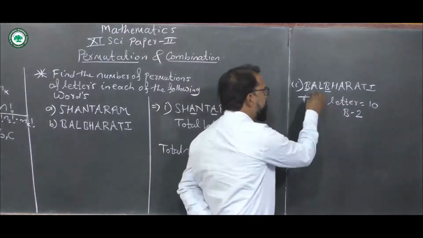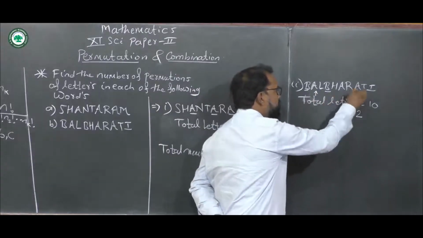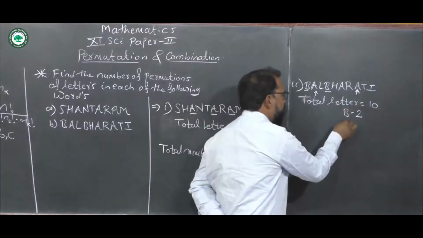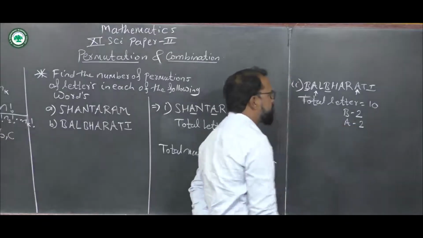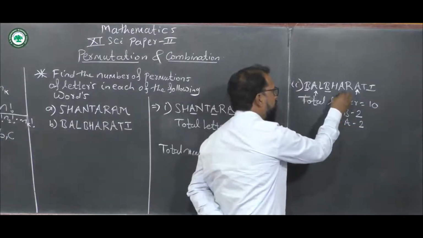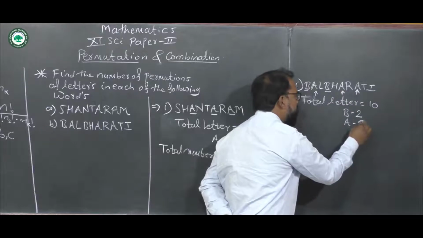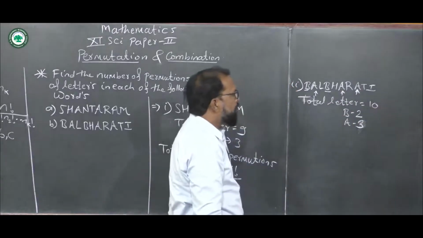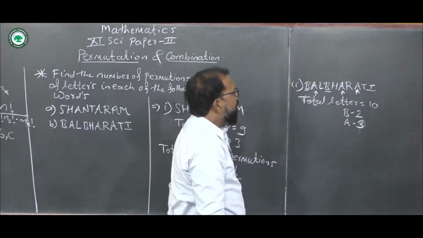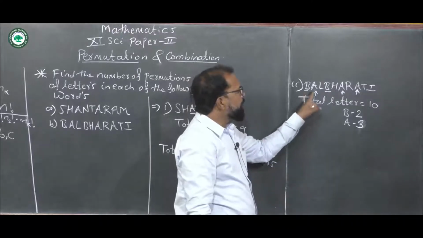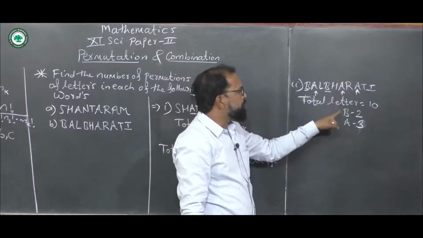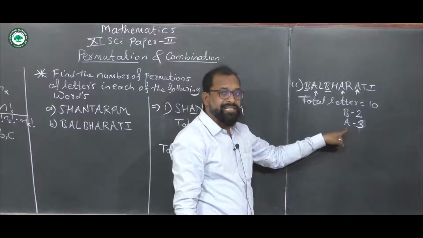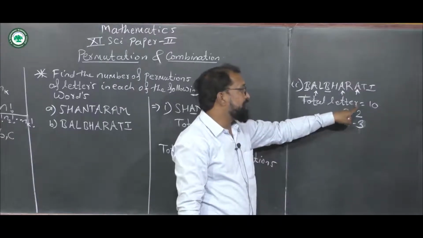Then A repeats 3 times. Only B and A repeat, in which B repeats 2 times and A repeats 3 times. There are 10 letters in total.